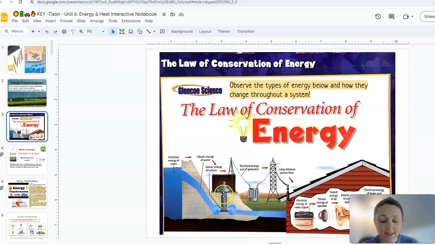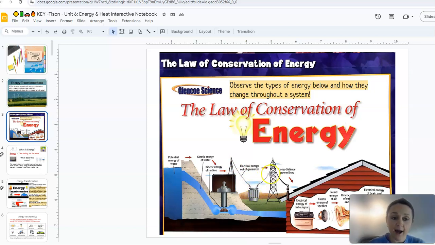When it does that, it takes a stationary object like a turbine, and as it flows through, it spins it. So you've got potential energy being converted into kinetic energy that then turns this turbine to create mechanical energy. Now, when it spins, that mechanical energy is converted into electrical energy, or the flow of electrons through wires, and it is stored in a generator.